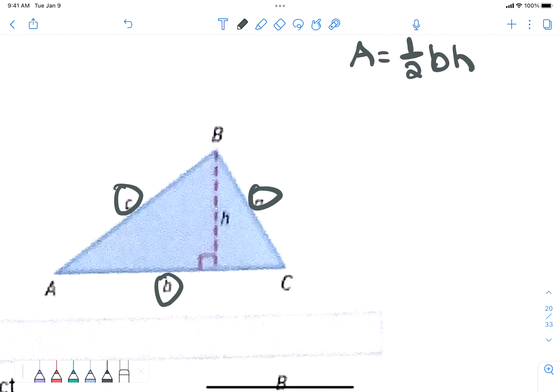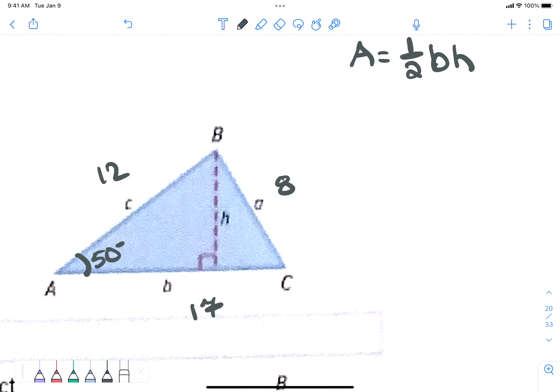Let's say this side is 17, this side is 12, and this one is 8. Then you might know this angle down over here in this corner, and that's like a 50-degree angle. That's some information that you know.